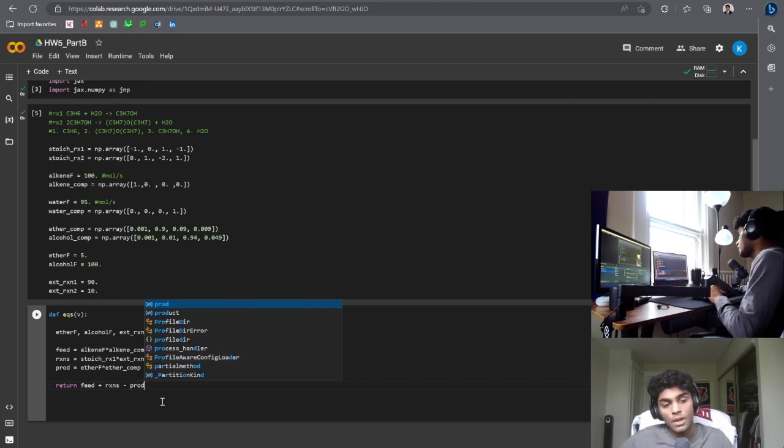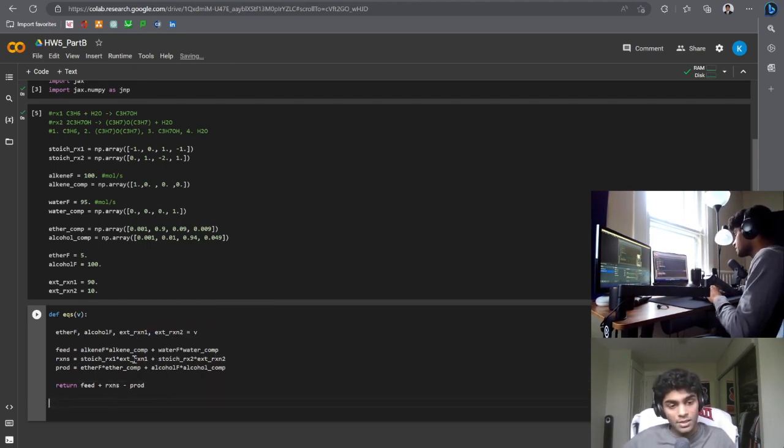And so our reactions are going to give us the amount of moles that we are working with in terms of how much ether and how much alcohol is being produced. Our product is what is flowing out at the other end. And our feed is how much of the initial reactant we have for the reactions.